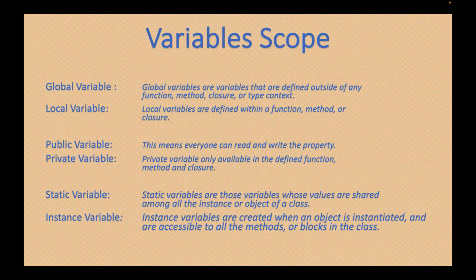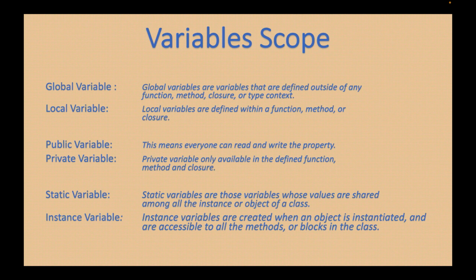Now in the future when we have object oriented fundamentals like what is class, object, function, closure, constructor, then we will get to know the scope of variables also. So a variable can be global or local. When I say global, the variable will be available across the file, irrespective of any block or function or any closure.